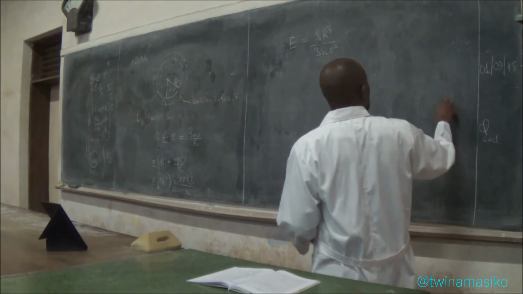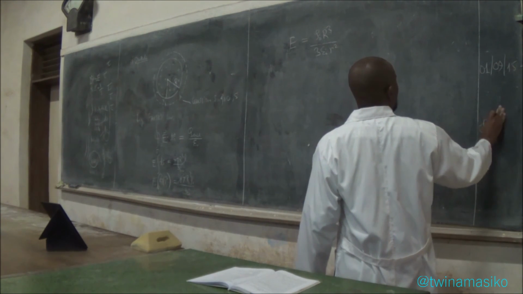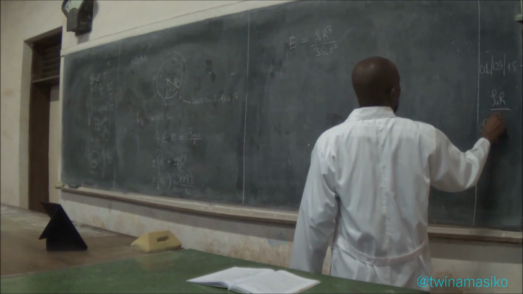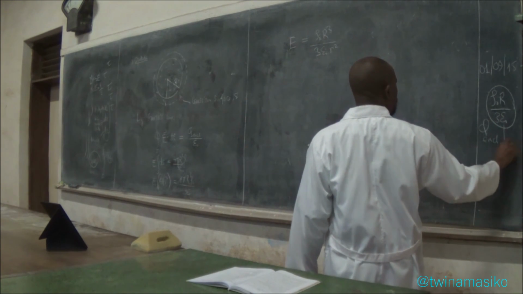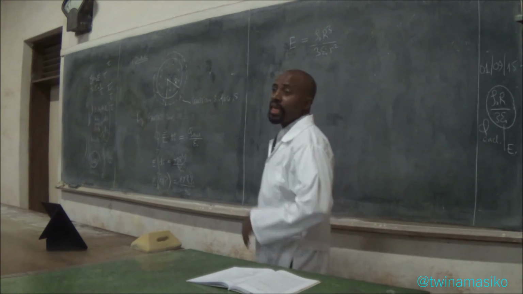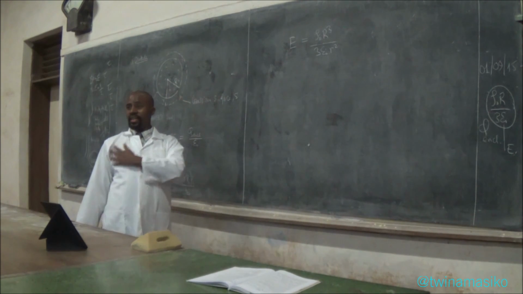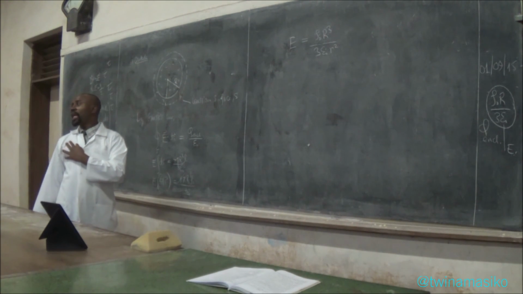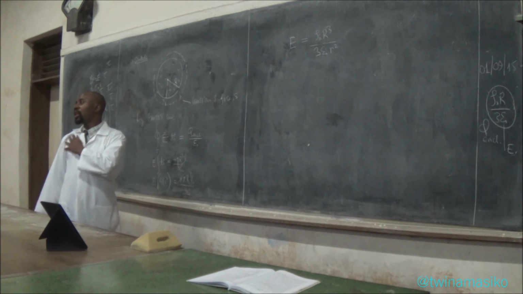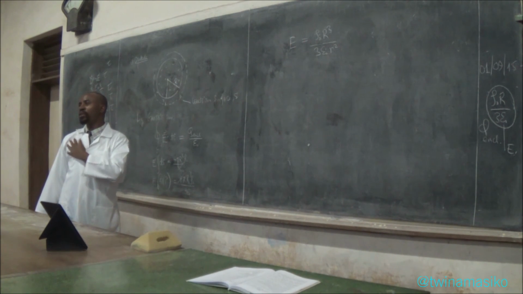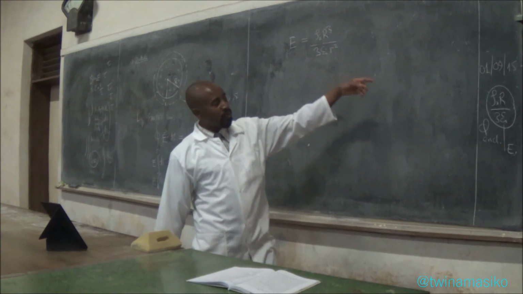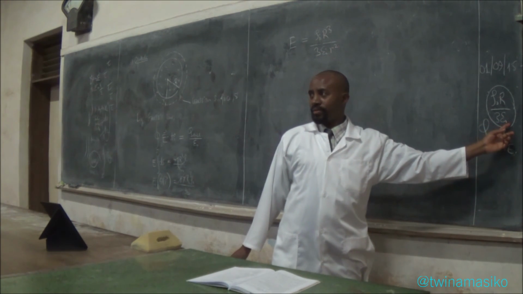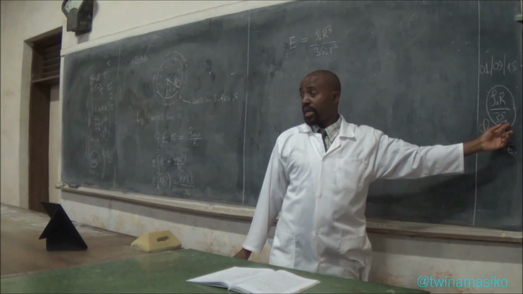Basically, we had rho naught R over 3 epsilon naught from high school, isn't it? And in high school, this E would be gotten as the electric field intensity at the surface. So if we had drawn the Gaussian surface on the surface of the sphere, what would be the radius of the Gaussian surface? If we put here capital R, we will end up with the high school result.